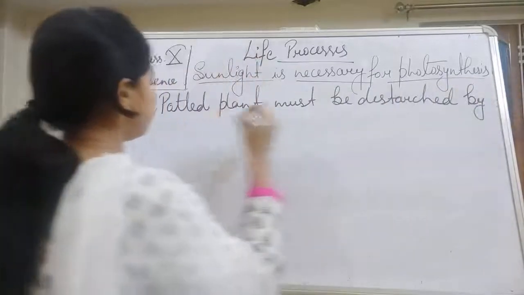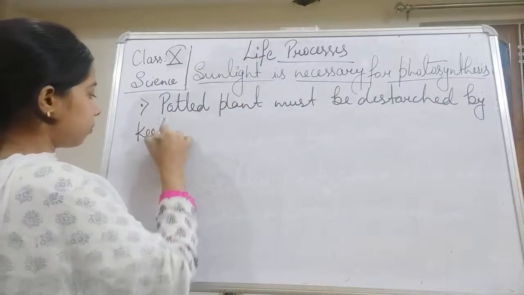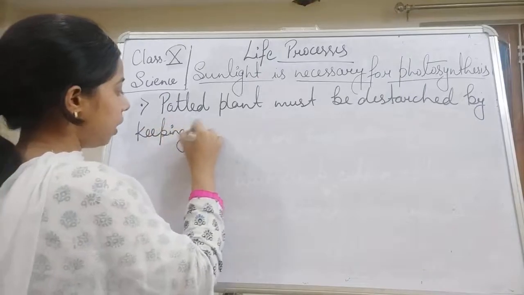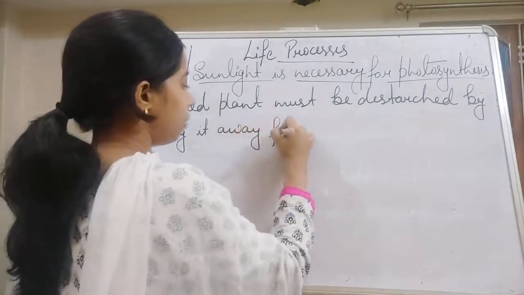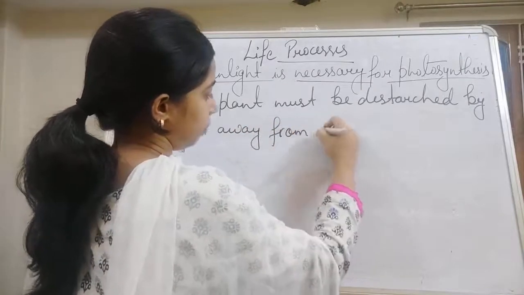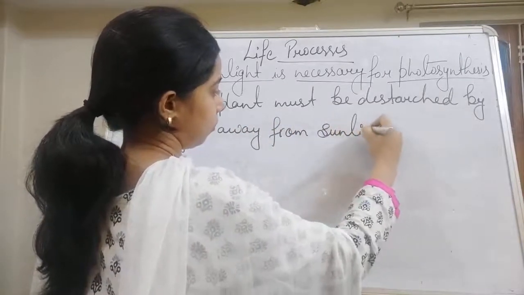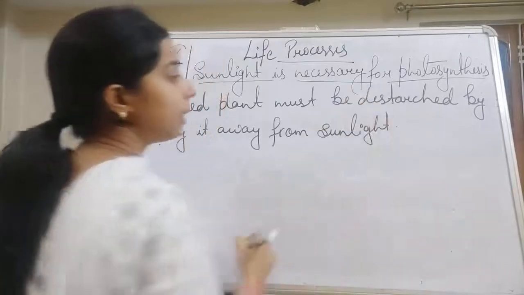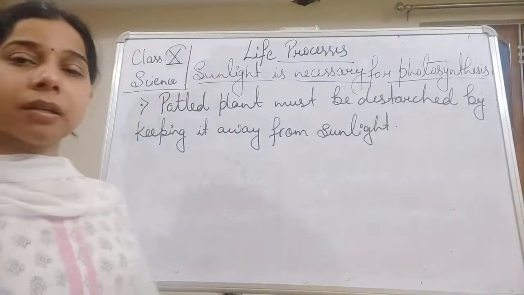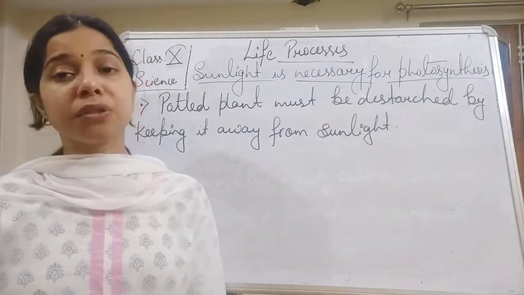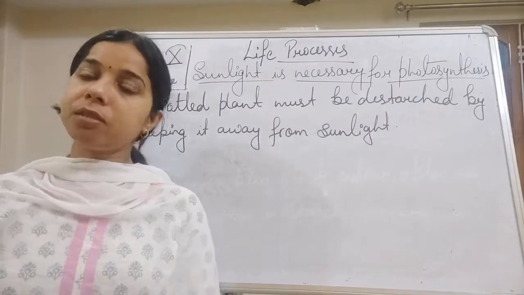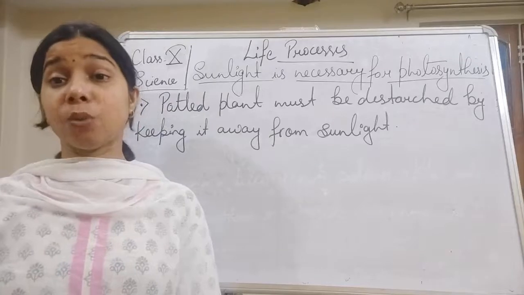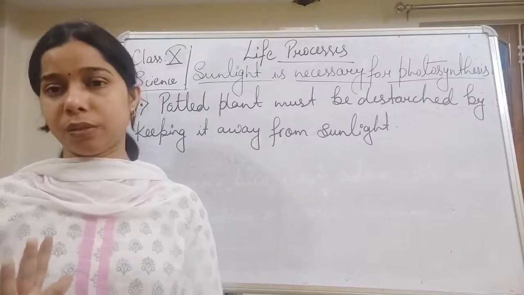By keeping it away from sunlight. Okay, so this is the first thing that we can do. Now after 2 to 3 days, you will find that this plant is completely de-starched, students.